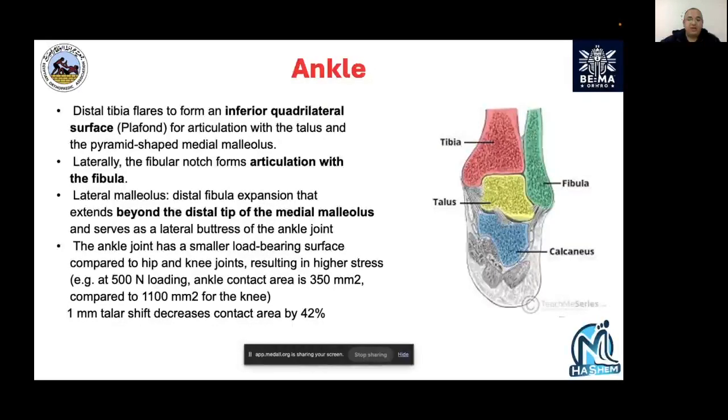If you have a look at the joint, compared to the knee, the ankle is a smaller joint. The whole surface of the ankle is 350 mm, while the knee is 1,100 mm. And the articular cartilage itself in the ankle is thinner than in the knee. But still, there is a very common question: why doesn't the ankle get arthritis like the knee?